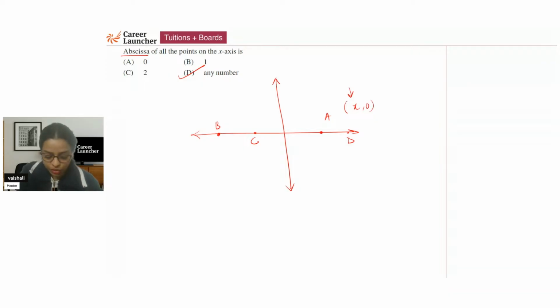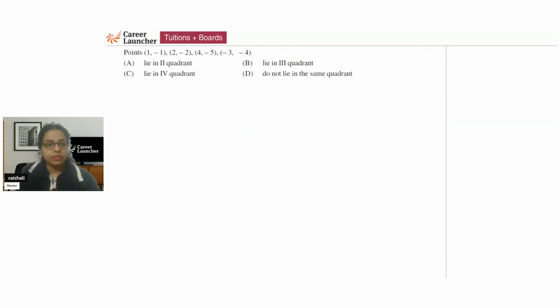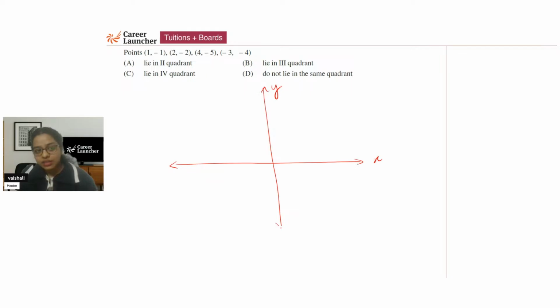Now let's move on to the next question, which is question number 4. Question number 4 says that we have a set of 4 points and मुझे बताना है कि where do they lie exactly. So let's again make a rough diagram. This is my x-axis and this is my y-axis. 1, -1. So 1 यहाँ पे है, -1 यहाँ पे है.